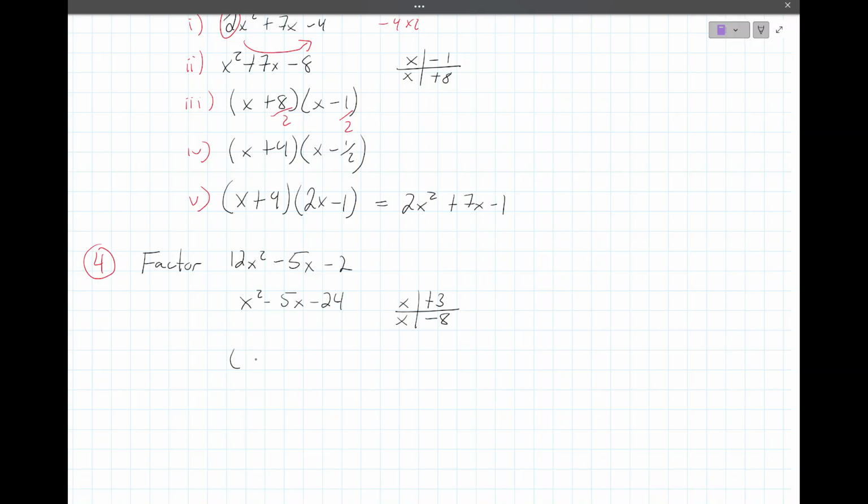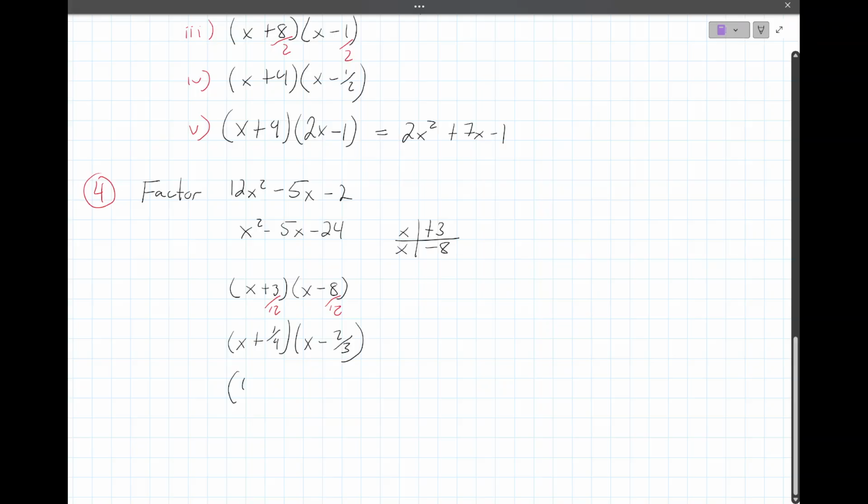So I'm going to get x plus 3, x minus 8. Yep. And then I'm going to divide each by 12. That means I'm going to have some fractions. 3 over 12 is 1 over 4, and this will become x minus 2 over 3. Those denominators just go up front, and I'll get 4x plus 1 and 3x minus 2.